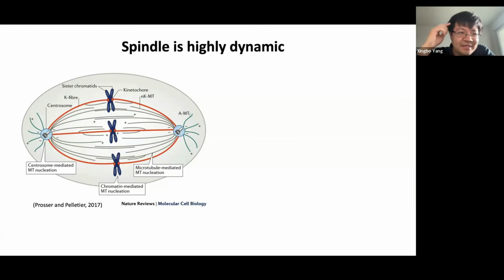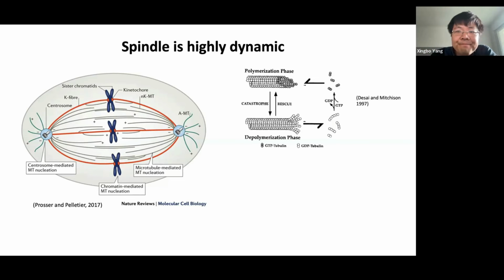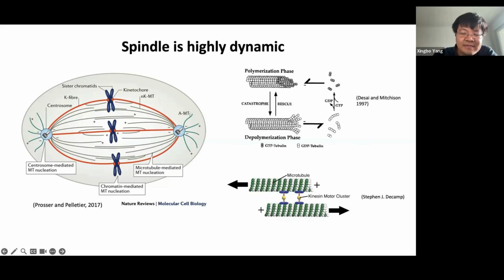So then let's go to the spindle again. In this case, the spindle is also like actin-myosin networks, highly dynamic. Again, there is polymerization and depolymerization, and there are also motor activities where kinesin, for example, is sliding microtubules apart. They generate active stress in this case.